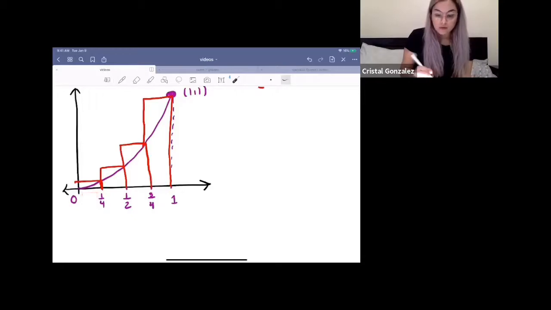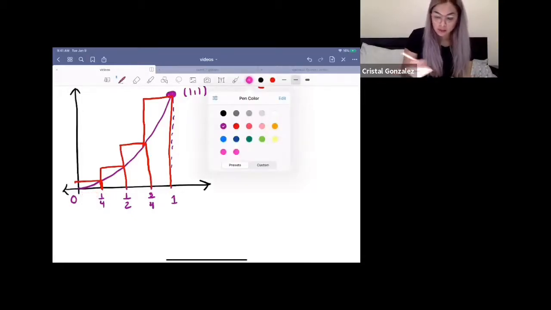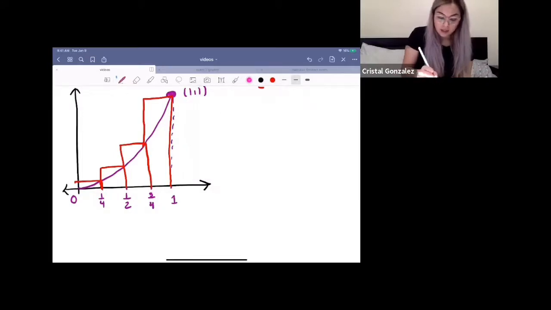And so if we approximate this area, my width here is 1/4. So the area of this one, and let me draw it in a different color, let's do pink, let's just take a look at this one for now. I'll erase this in just a second. The area of this one here is going to be 1/4 for my width. And then my height, or my length times width: my width is 1/4, and my length here is how high this is.